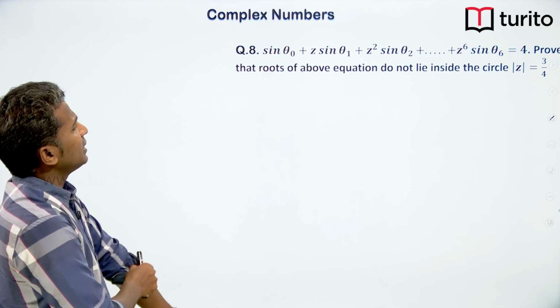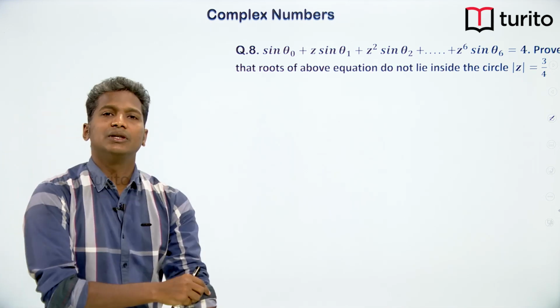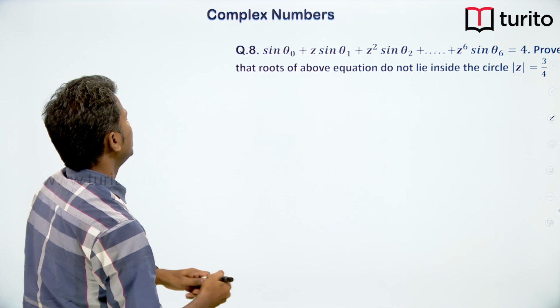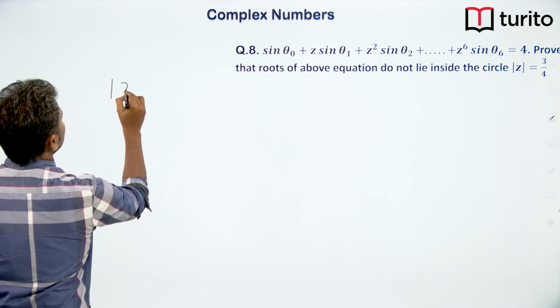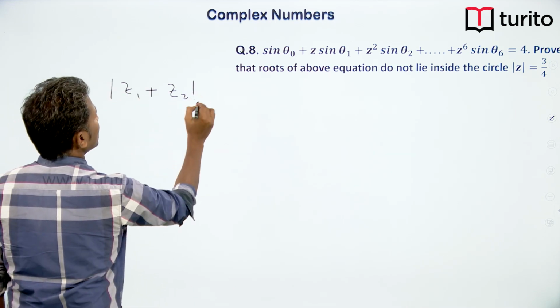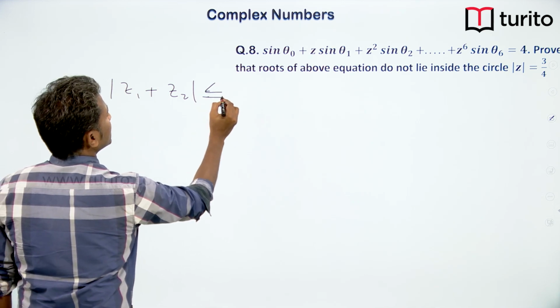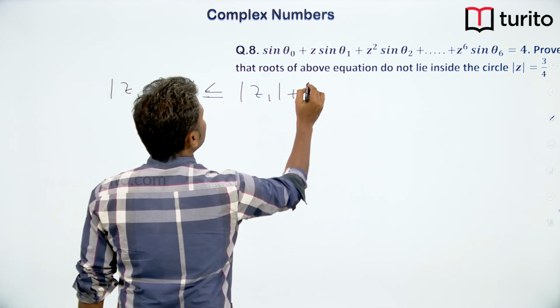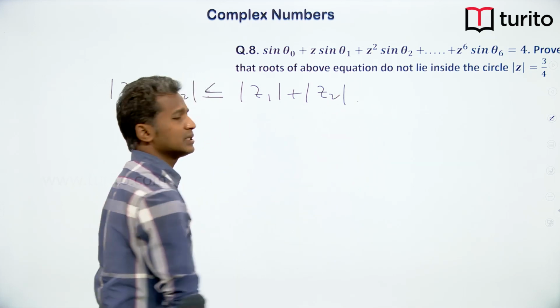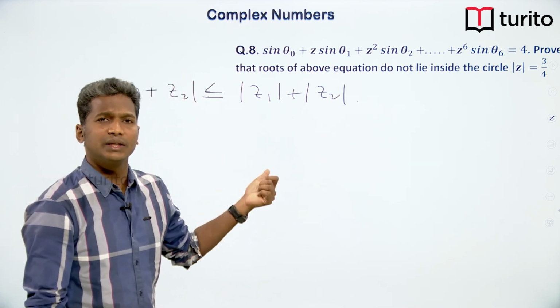This question is based on the triangular inequality. In general, when we have z1 plus z2, the mod of this is always less than or equal to mod z1 plus mod z2. This is the simple form of the triangular inequality.